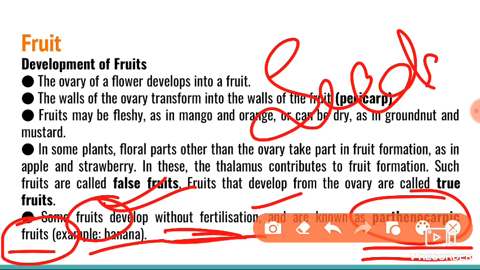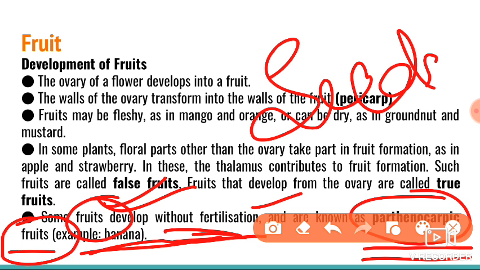For a 2 marks question, they will ask what are parthenocarpic fruits, give example. If they ask for an example, you have to write banana. In banana you can't find seeds, although in naturally growing banana we can find seeds, but in the majority they don't have seeds. For what reason?